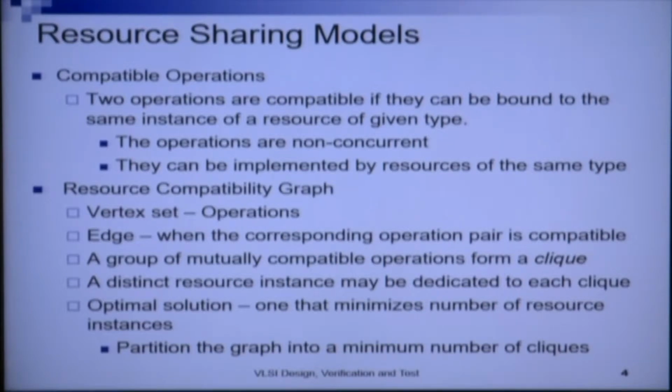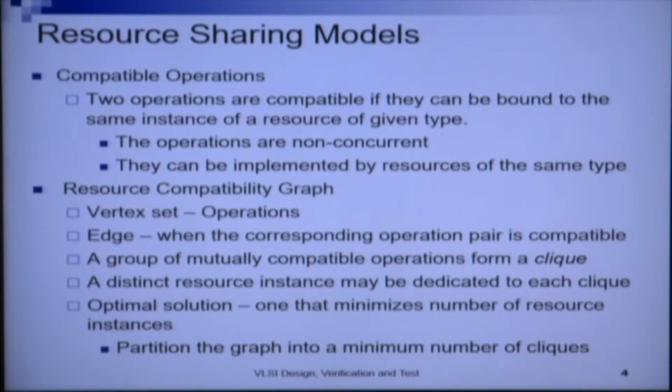A distinct resource instance can be dedicated to each clique. An optimal solution to the resource sharing problem is one that maximizes resource sharing. So, the optimal solution will be one that minimizes the number of resource instances. How do we minimize the number of resource instances?